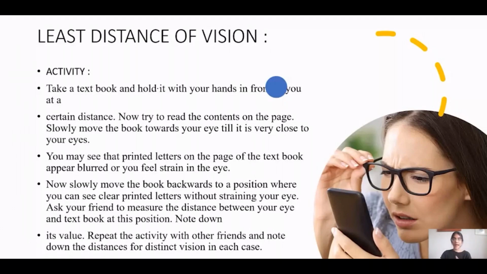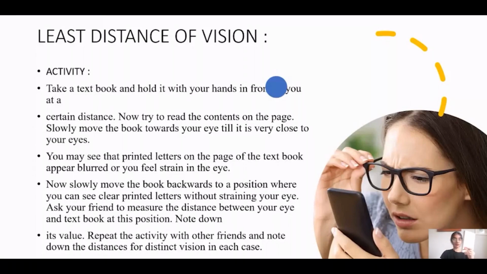So here is the activity that has been described to you. Let's say you take a particular book and you bring it closer to your face, and you keep bringing it closer until suddenly the book that you are seeing becomes blurry.